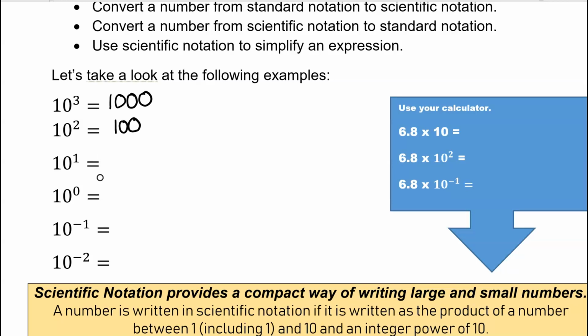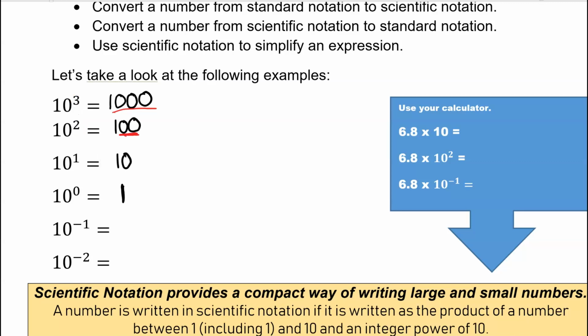What is 10 to the first power? It's simply 10, right? So notice the pattern here. 10 to the third: notice that the exponent was 3. We have 3 zeros. 10 to the second: notice that the exponent is 2. We have 2 zeros, and so forth. Now that you know what 10 to the 0 power is, it's not really much to think about because you understand that rule now.